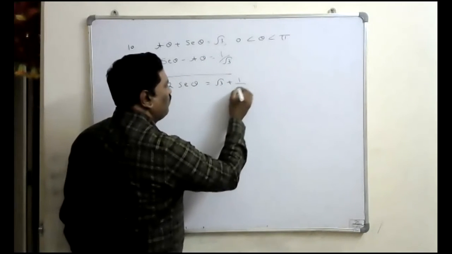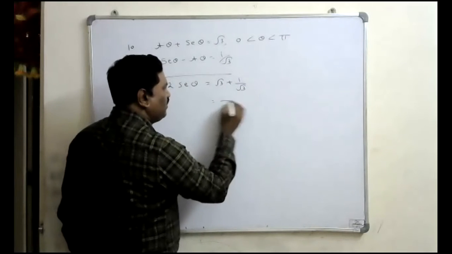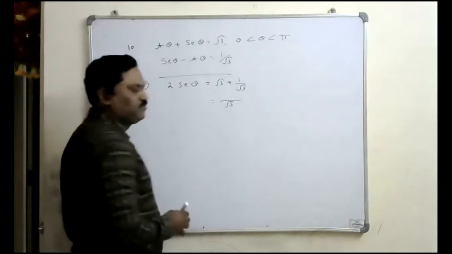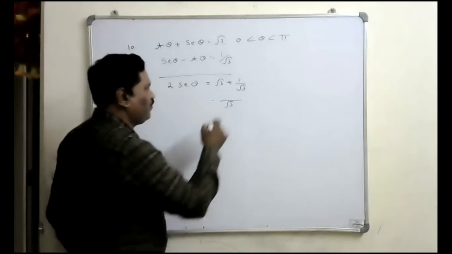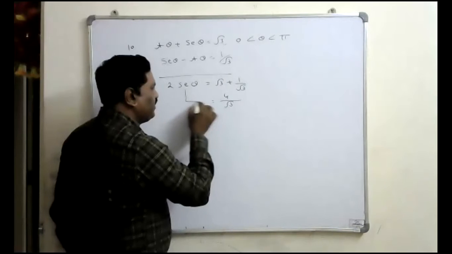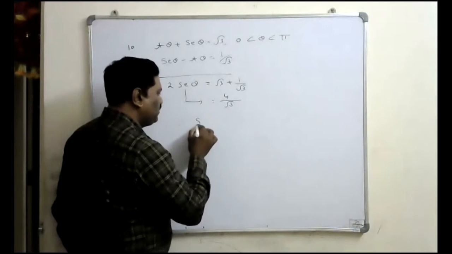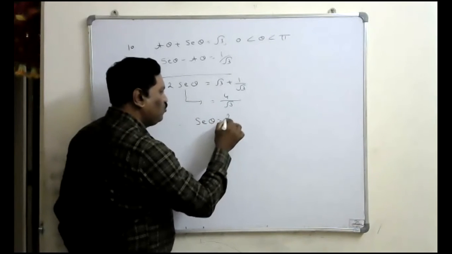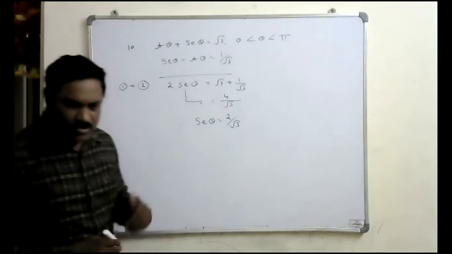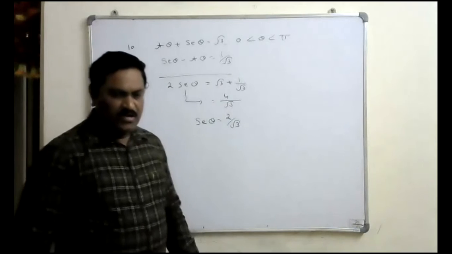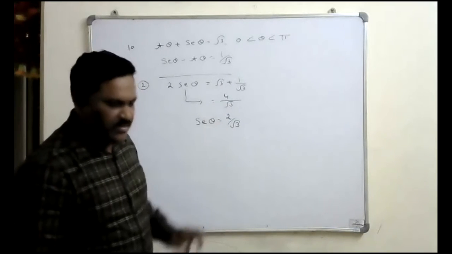Where the LCM is root 3, in the numerator we get root 3 into root 3, which is 3, plus 1, that is 4. So 4 by root 3 is equal to 2 secant theta. Therefore, secant theta is equal to 2 by root 3. So we got a positive value for secant theta.